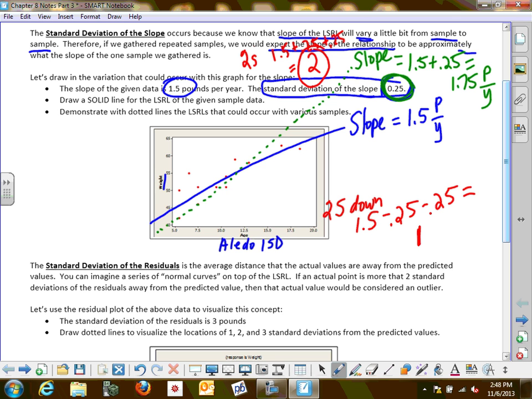So if somebody got a slope outside of the range from 1 to 2, then I would have to reanalyze what's going on and think something's happening. That's what standard deviation of the slope does for you. It gives you this amount to know if things are messed up or not.